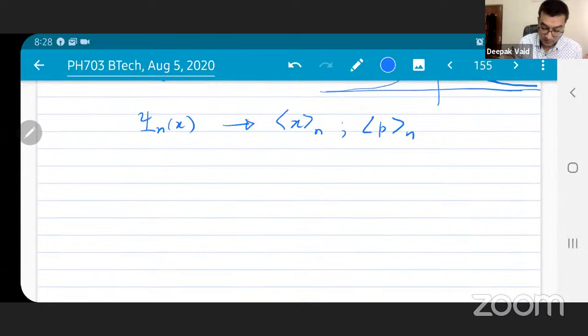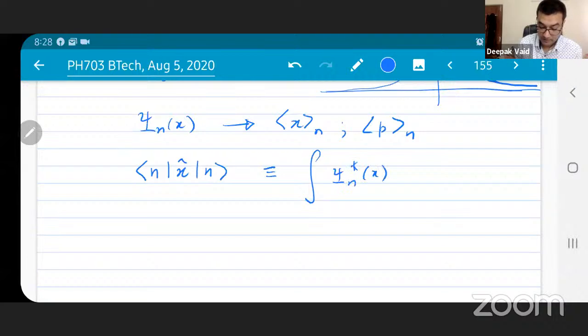So rather than looking at such a term, this is the same as writing down the integral of psi n of x, x, psi n of x dx.